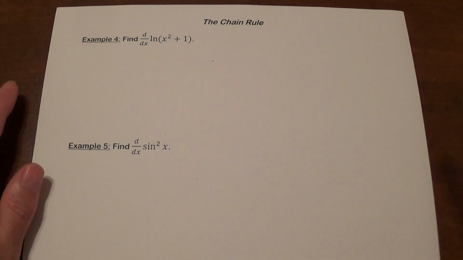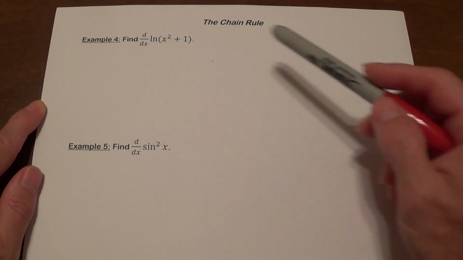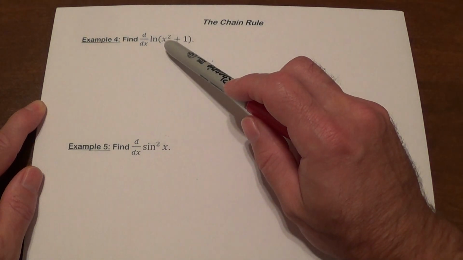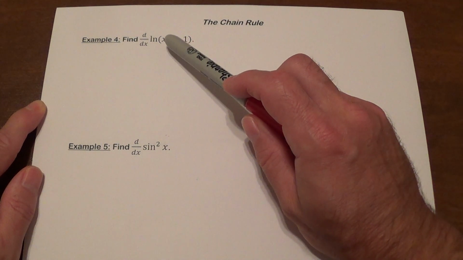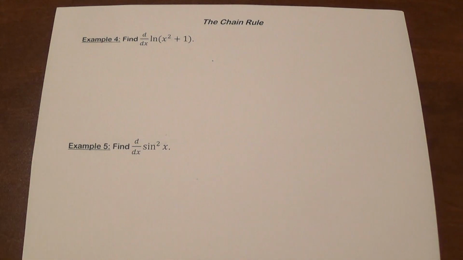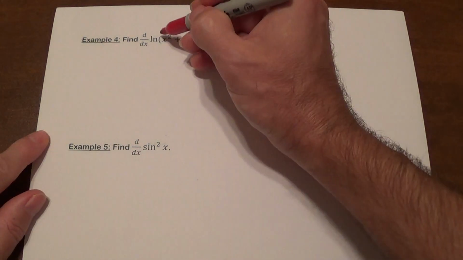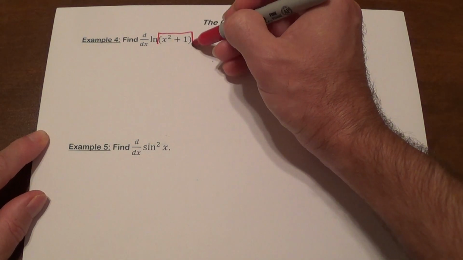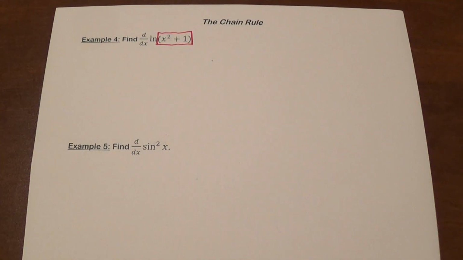Moving on. Find the derivative of ln of x squared plus 1. Let's think about this. If you're trying to follow the order of operations, you're going to plug in x in here. So you're going to do x squared plus 1 first, then you're going to do ln. That means that we are going to have x squared plus 1 as the inside function, and that means the outside function, ln, is going to be differentiated first.